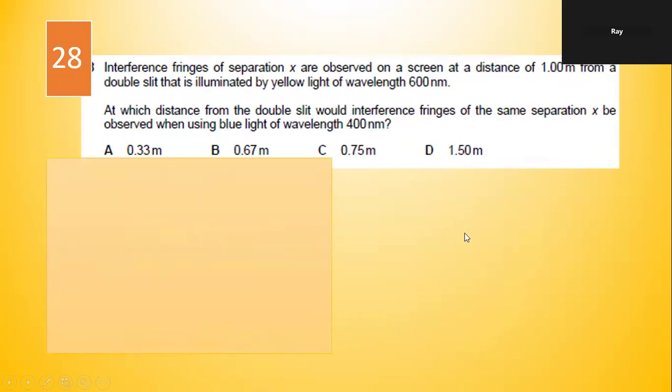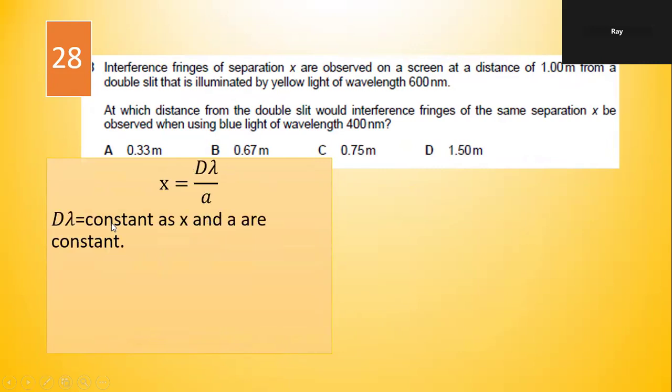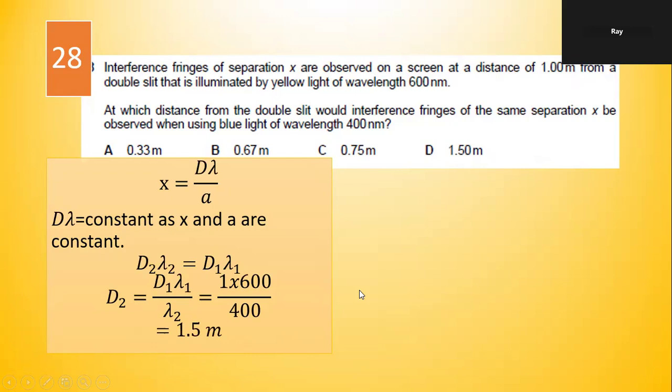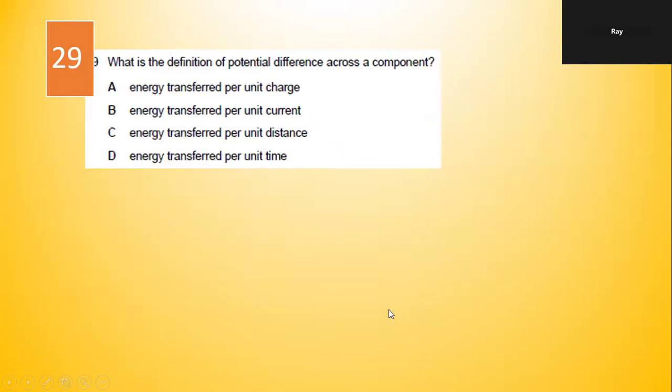28. Yeah, I got D. Right? Remember the formula? Take the constant to one side. This is a new one. This is an old one. Okay. What's the answer for this one? 9A.